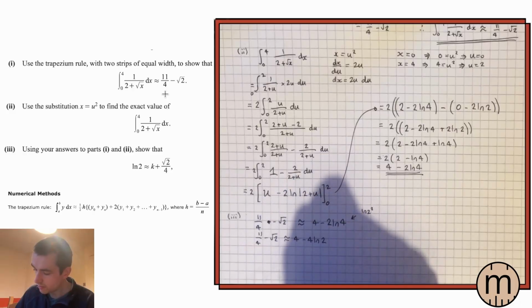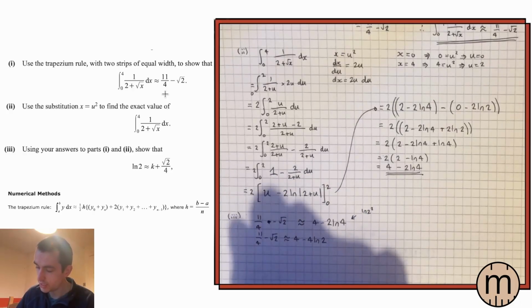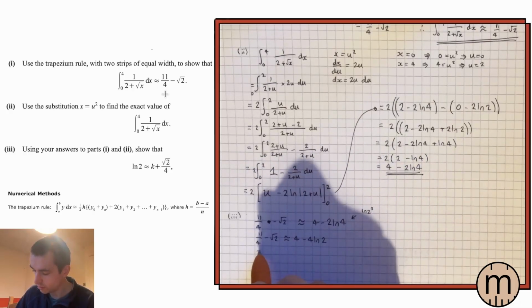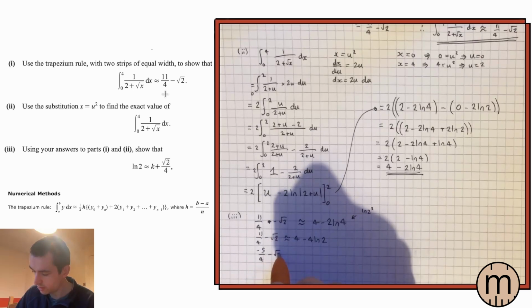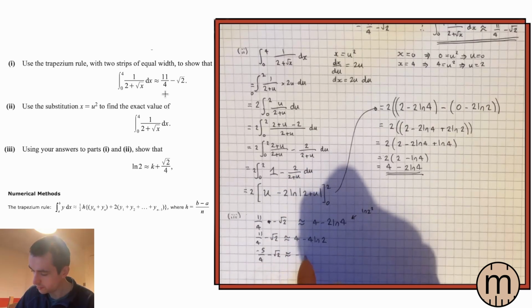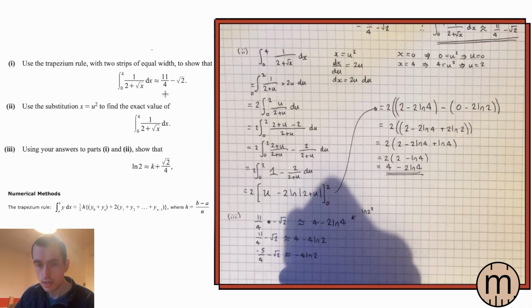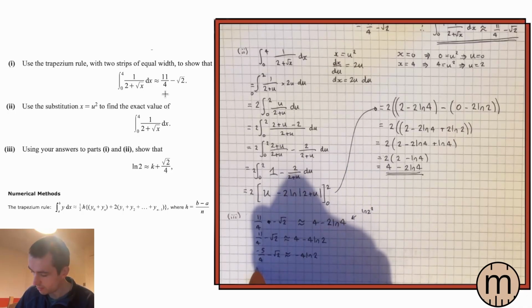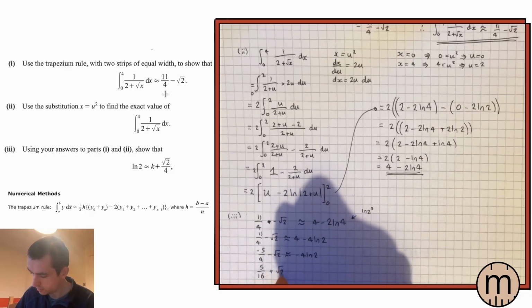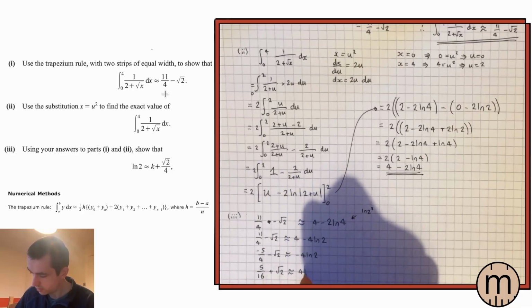If I subtract 4 from both sides, it's the same as subtracting 16 quarters. So this should be minus 5 over 4 minus root 2, like this. And if I divide everything by minus 1, then we get this.